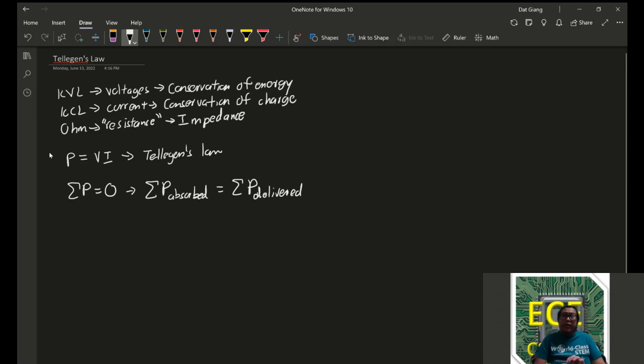And this should make sense, right? If you supply 5 watts of power, it would make sense that an element would try to use all 5 watts of power and distribute it among different elements where appropriate.